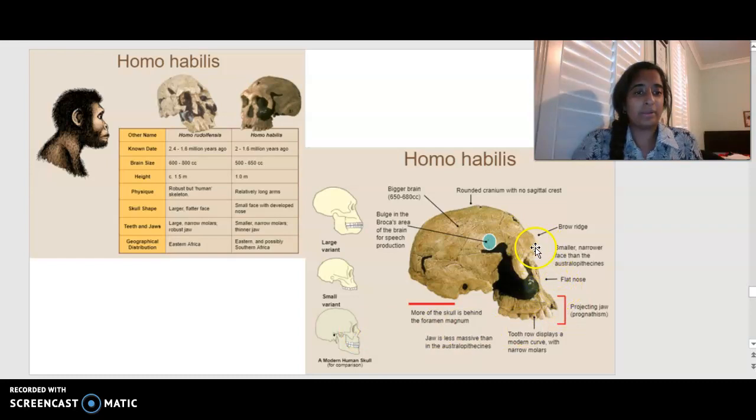We have quite a prominent brow ridge, a rounded cranium. More of the skull is still behind the foramen magnum. The jaw is less massive than Australopithecus, so the jaw size has now become smaller. Tooth row displays a modern curve with narrow molars. So again, a little bit more similar to what we have, but not quite there just yet.